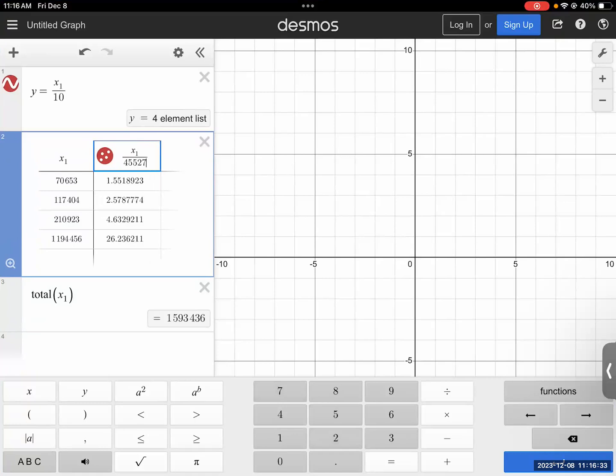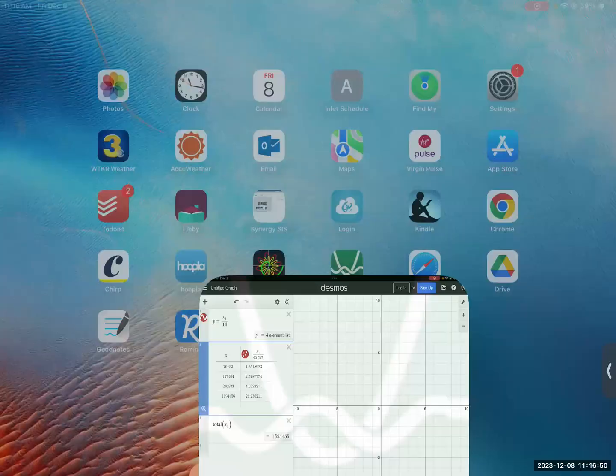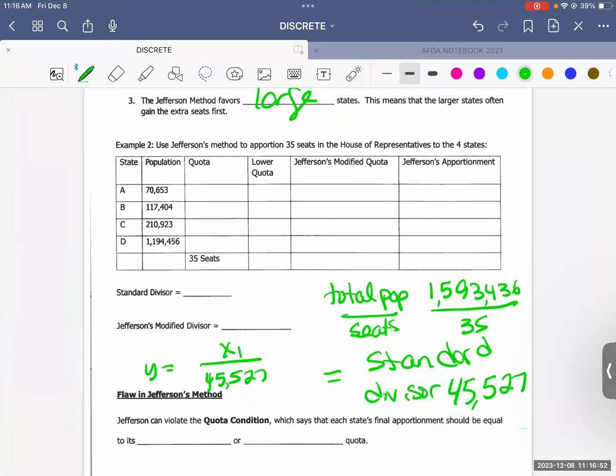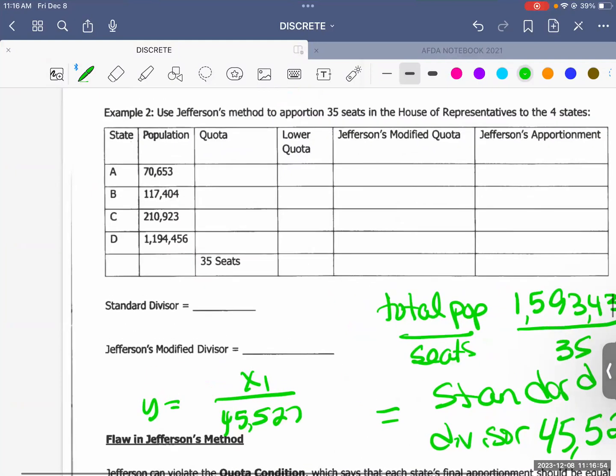I actually did round it, so I'm going to have to make sure. Are they decimal places? Ready? Always two. The computer's going to have you do it by two, and don't mess up because it's going to say something's wrong. 1.55, is that what you got for the first one? Yeah. Okay, do the rest of them.